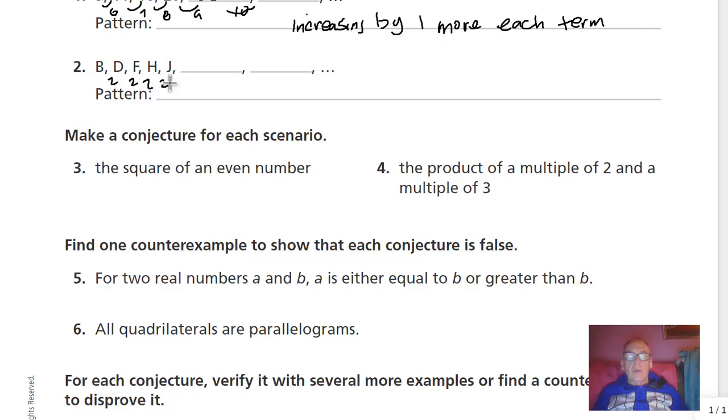H, I, J, 2. J, K, L. L, M, N. N, O, P. So 2-letter jumps.